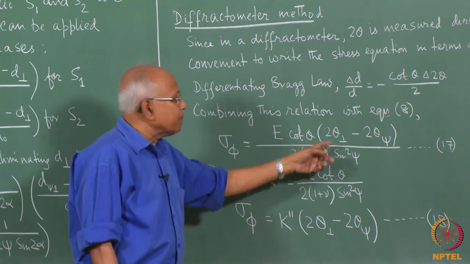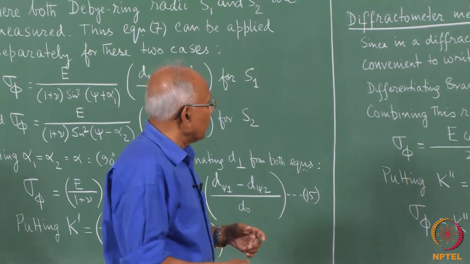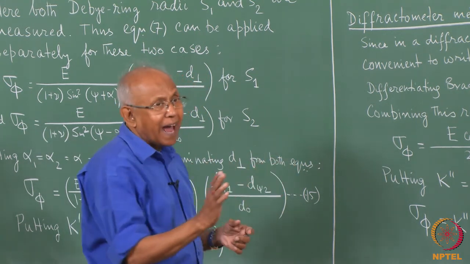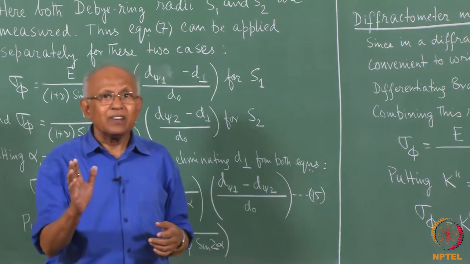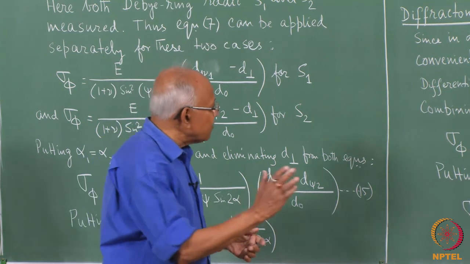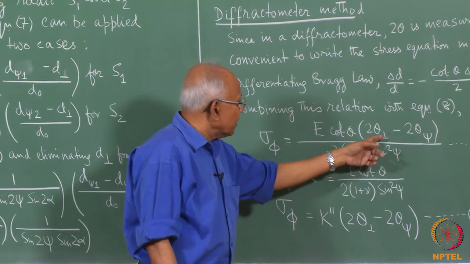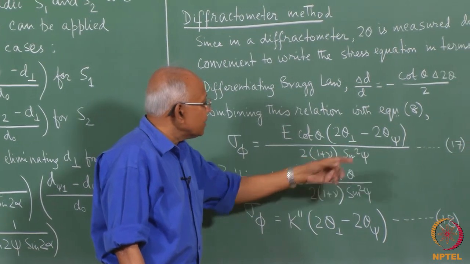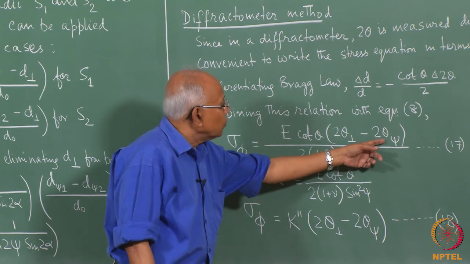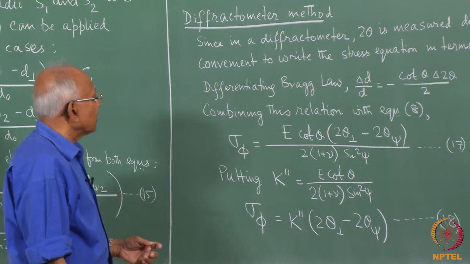Now, you see, due to the presence of stress in the material, there will be a shift in the position of the lines, there is a change in the d values, and that will automatically lead to a shift in the 2 theta values. So, this is the 2 theta value when we do it under normal incidence of X-rays, and this is the 2 theta value which we find under the inclined incidence condition.